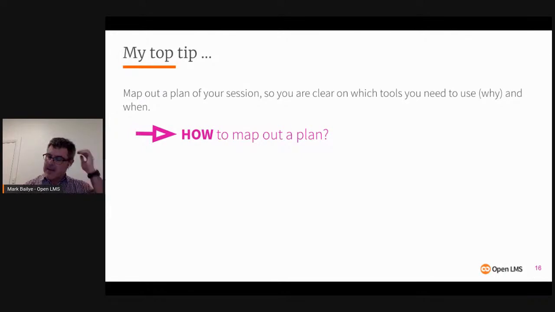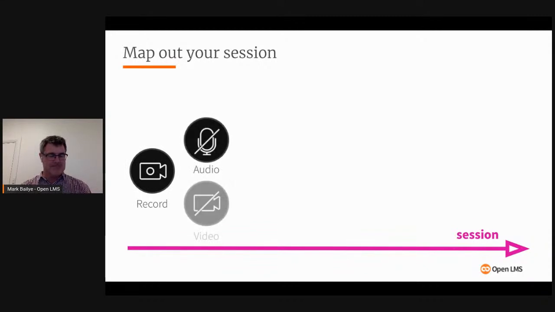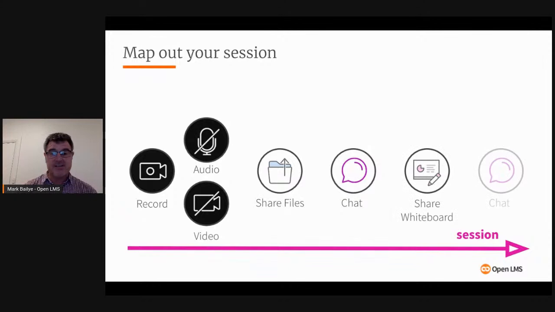So how do you map out a plan? Well, you can use Post-it notes to do that, or you could use different pictures like this of the different tools that are available. If you've got them as little cutouts on a desk, you can move them around to say, well, first I'm going to hit the record button.